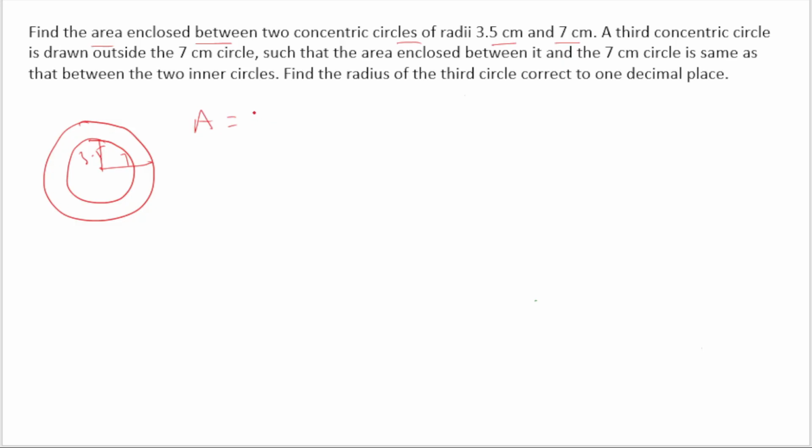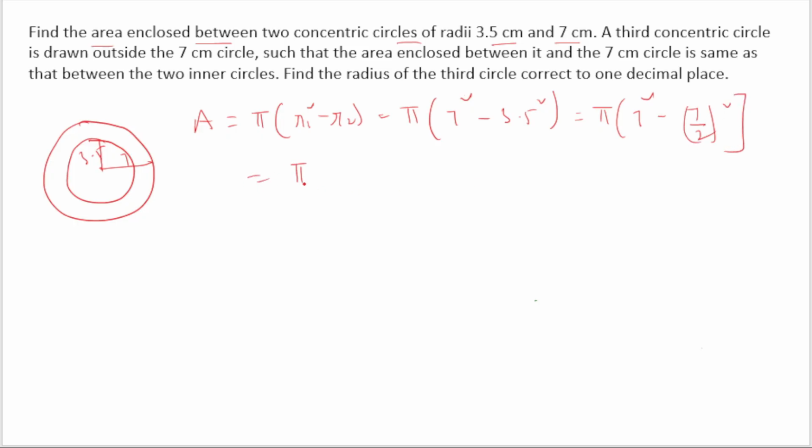So what is the area formula? Area is equal to pi into r1 square minus r2 square. It is pi into 7 square minus 3.5 square. 3.5 is 7 by 2, 7 by 2 whole square.